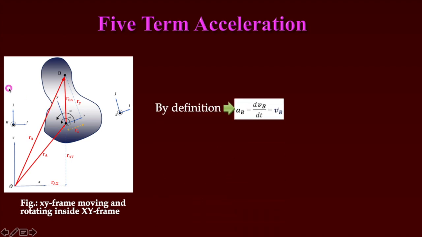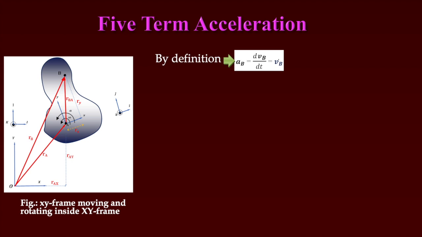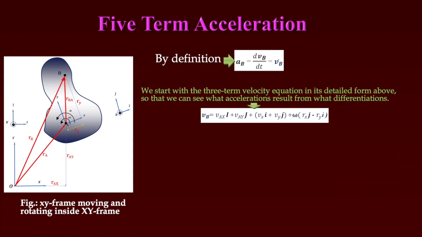Now start with the 3-term velocity equation. In the last lecture I derived this equation: Vb equals Vax i plus Vay j plus Vx i plus Vy j plus omega into (Rx j minus Ry i).